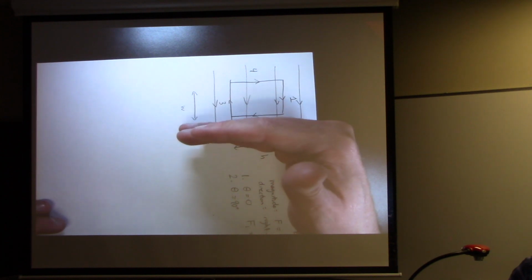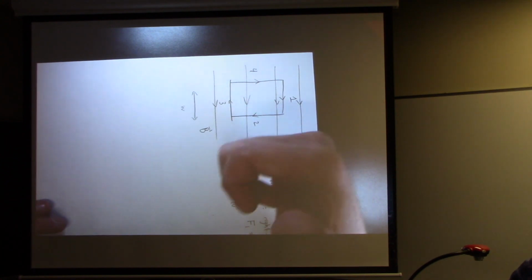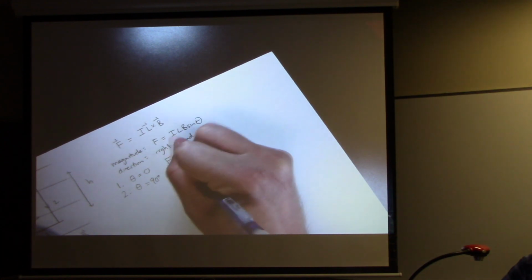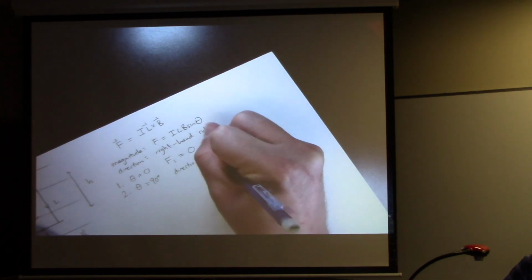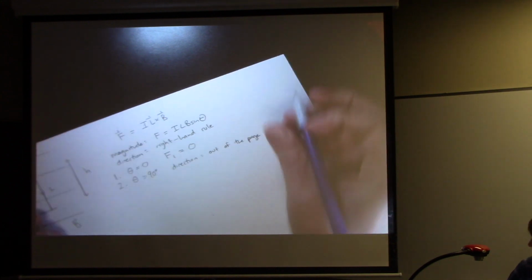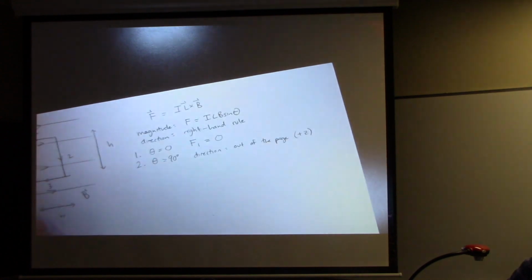And then if I curl them in the direction of the B field, that leaves my thumb pointing up out of the page. Out of the page is the same as the plus z direction.